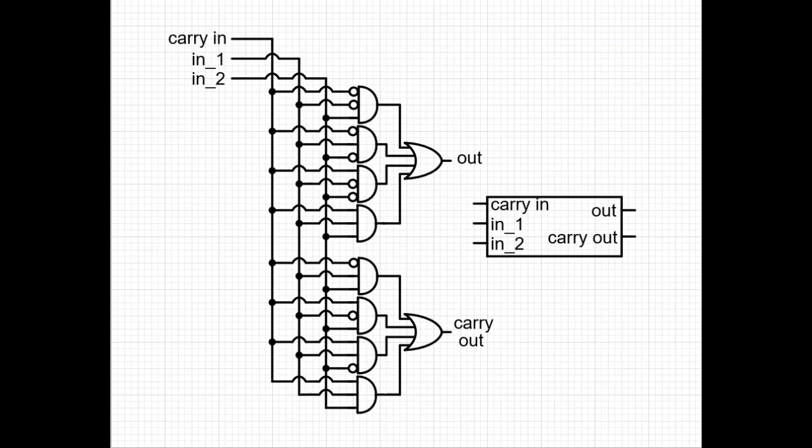Let's take the gates that we developed to implement the second bit position and represent them with a symbol box that we can call a bit adder.